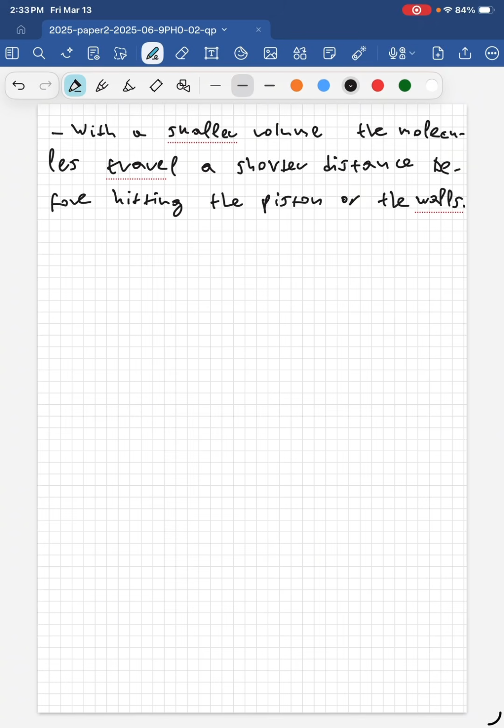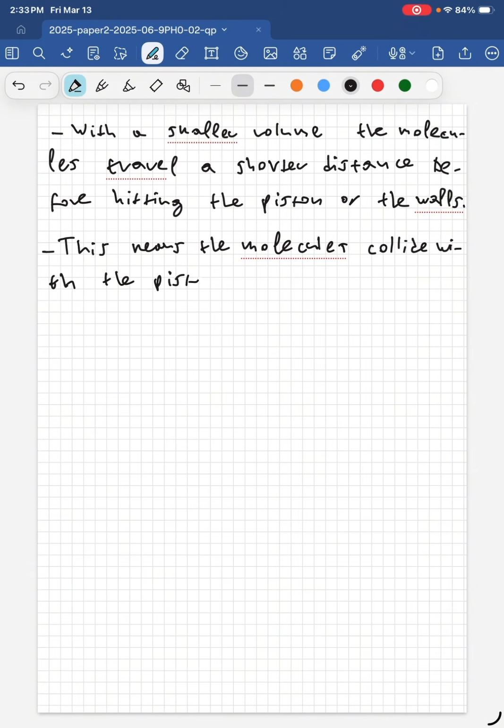This means the molecules collide with the piston or the wall more frequently.